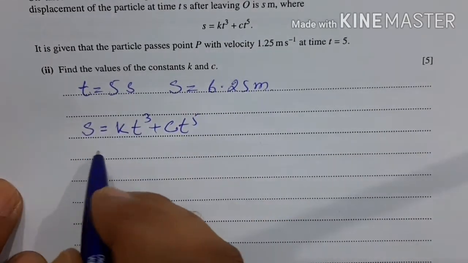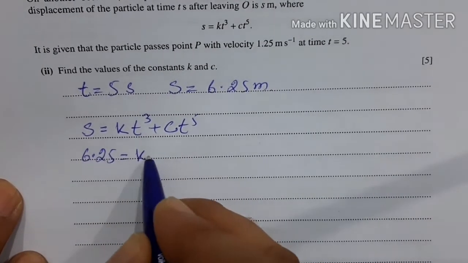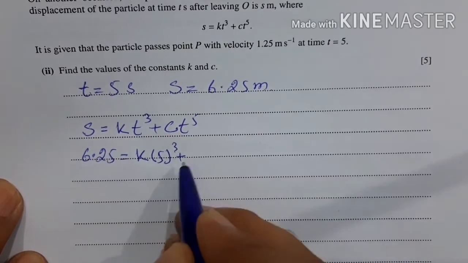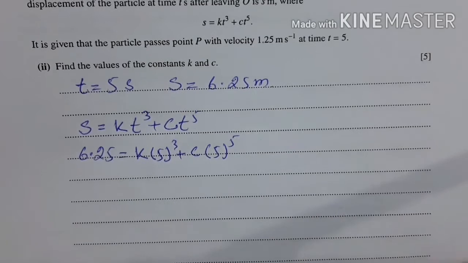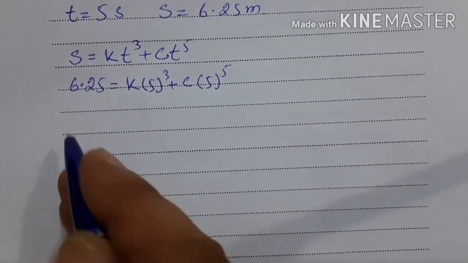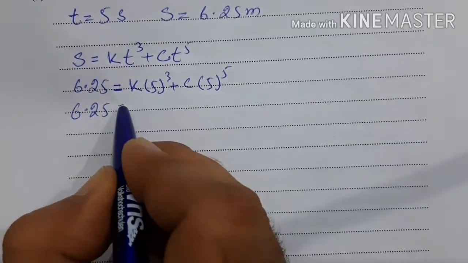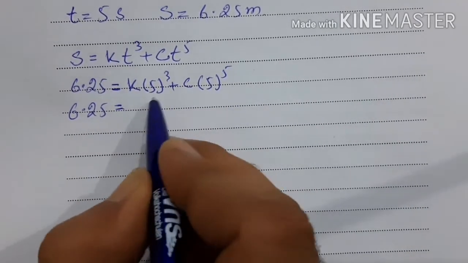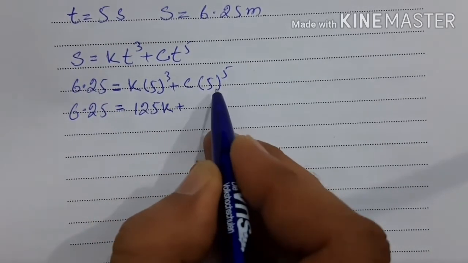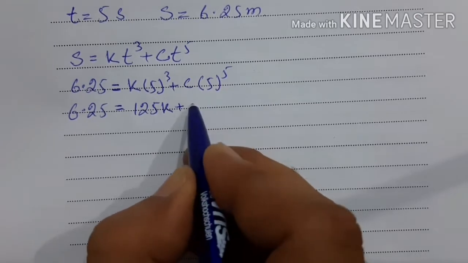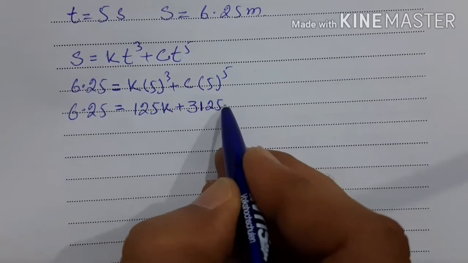So this will be 6.25 is equal to k times 5 cubed plus c times 5 to the power 5. Now 5 cubed is 125, so 125k, and 5 to the power 5 is 3125c.